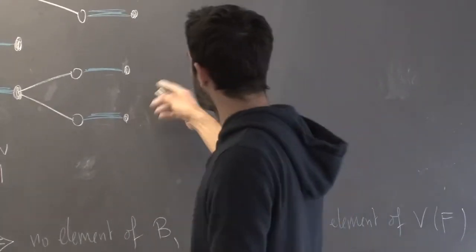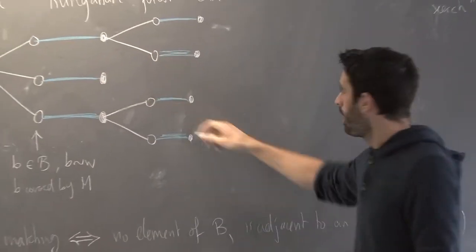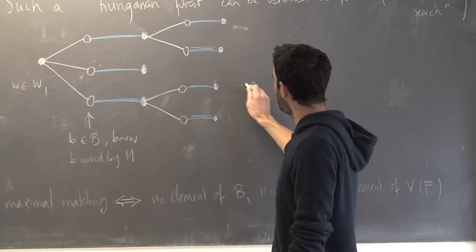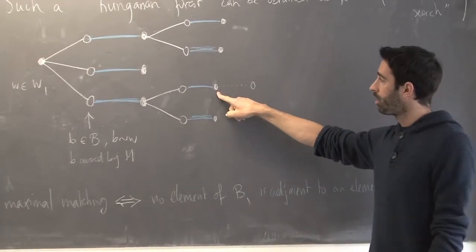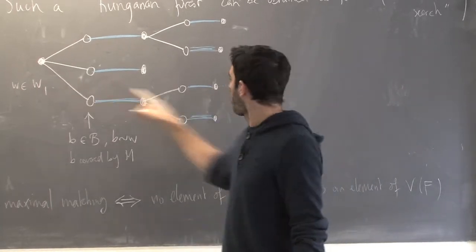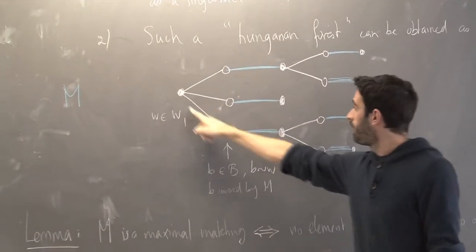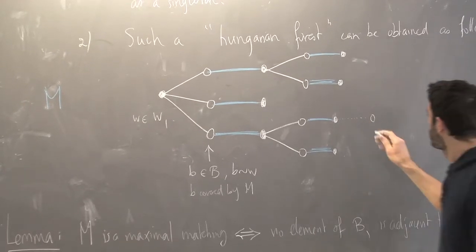So let's assume that at some point I have my maximal forest, and I have a black vertex here which is adjacent to an element here. Okay? So what do I get? Now I look at the path which starts here and ends here, and you see that this is an M augmenting path, right?